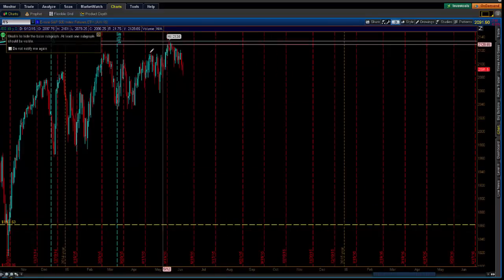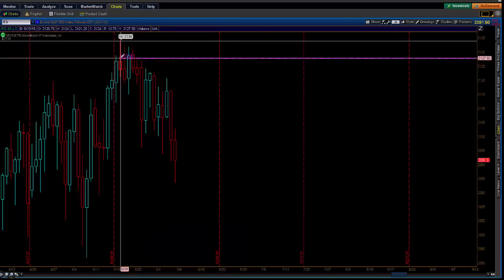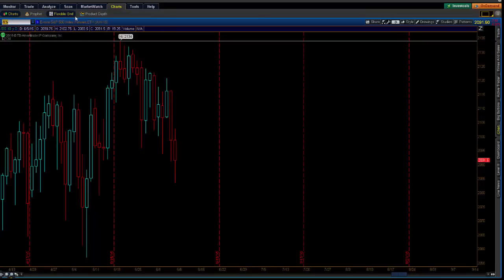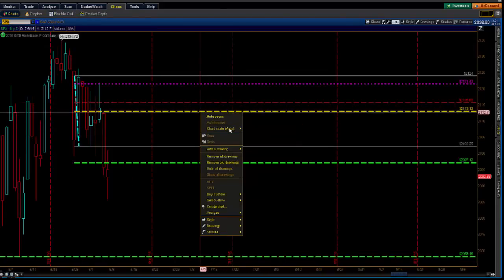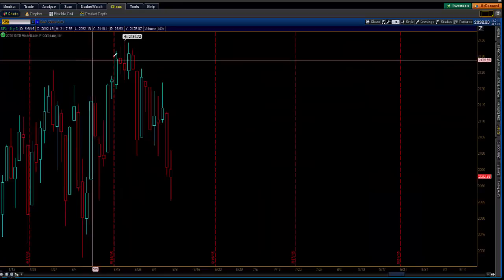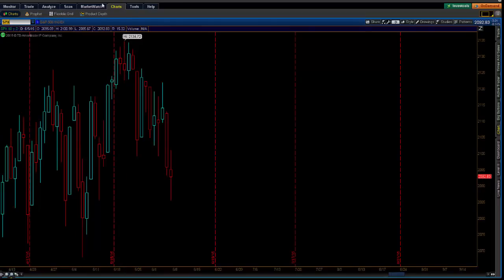What day did the 2134s trade? May 19th. The cash index made a high. May 20th, that was the high of the market.